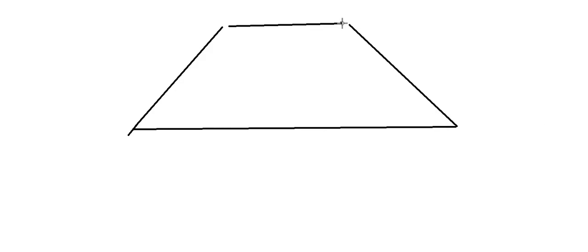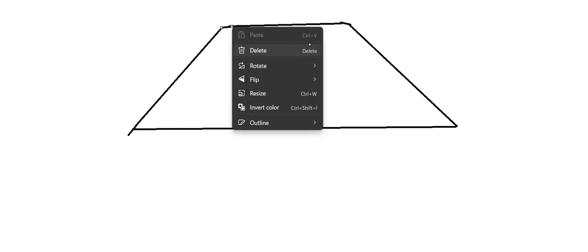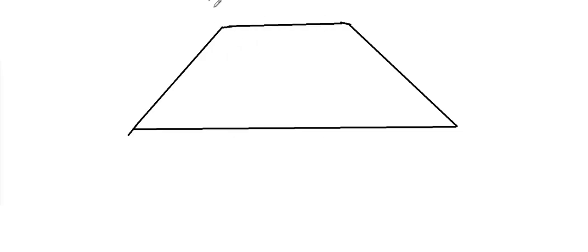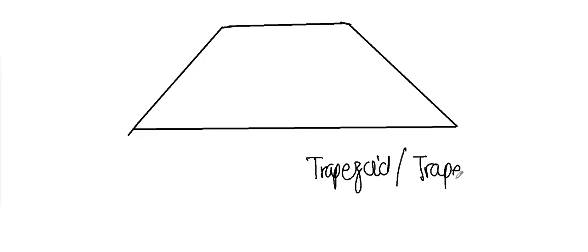What do we call this shape? A trapezoid? Yep, a trapezoid or a trapezium. In our syllabus, it is generally called a trapezium. Okay? It's fine, you can call it either one.